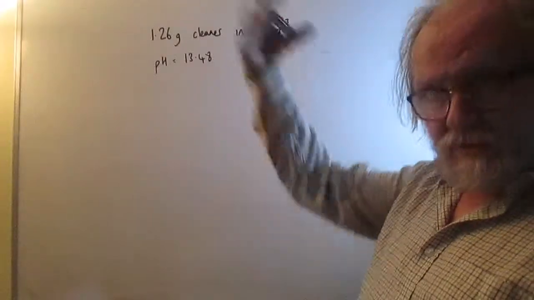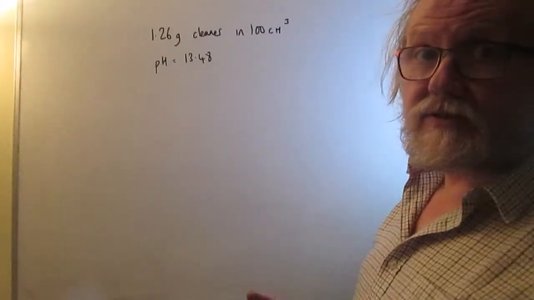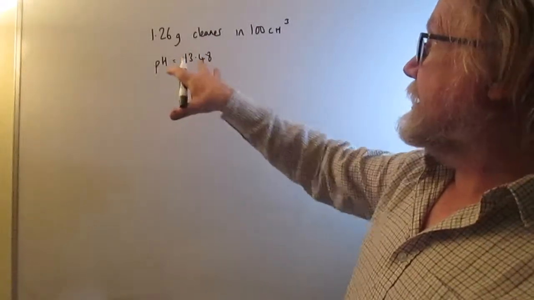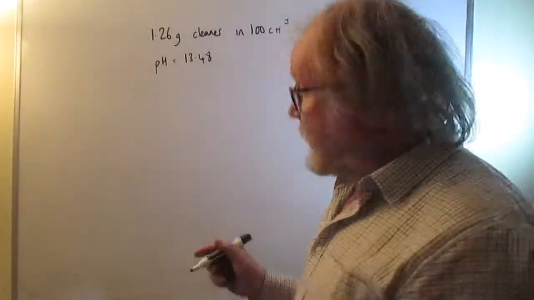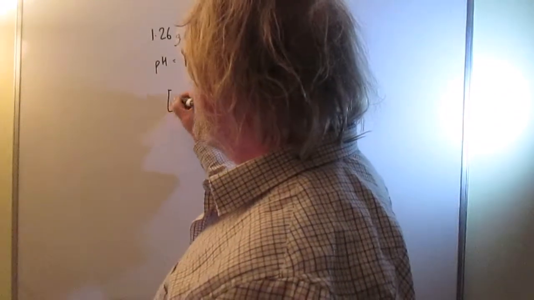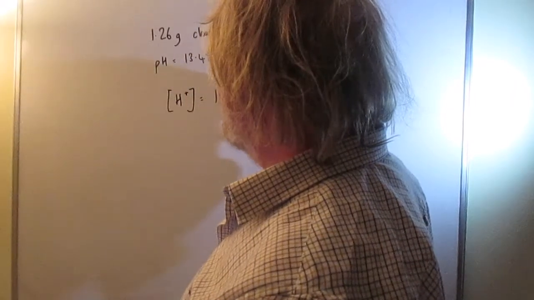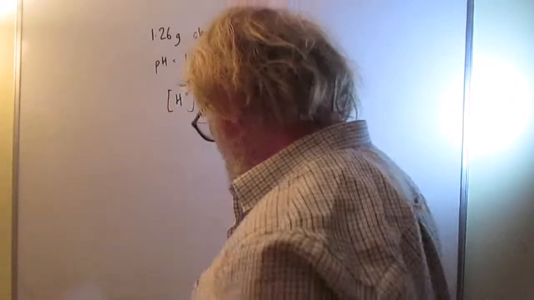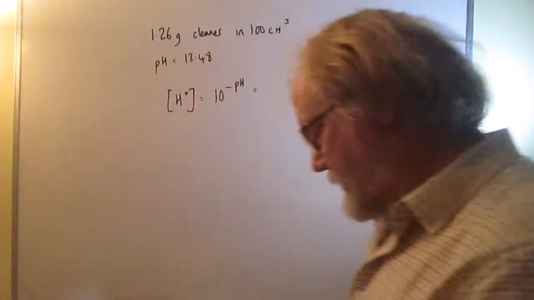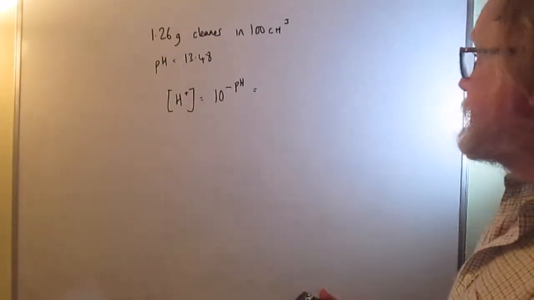Part B then, again what we have to start with is the pH, which we can then turn into H plus concentration and hence deduce the OH minus concentration and so on. So again you see the pattern, that as soon as you see a pH, the first thing to do is to turn it into the H plus concentration, which is 10 to the minus pH. So again we can just do that.